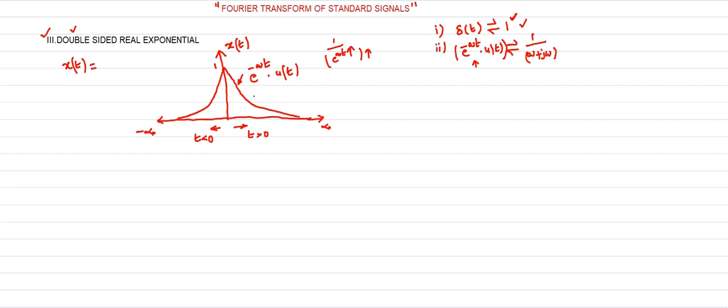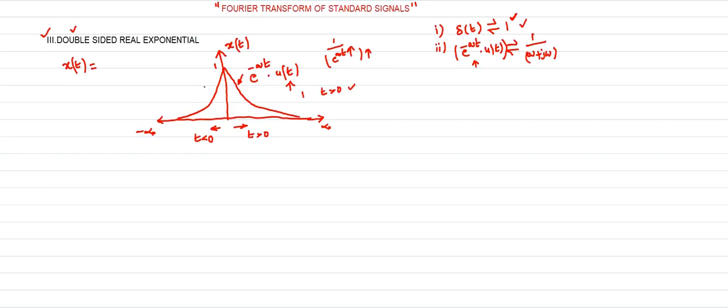That is the pattern of the signal. Into u of t means it is one-sided, on the positive real axis side, because u of t is 1 for time t greater than 0.